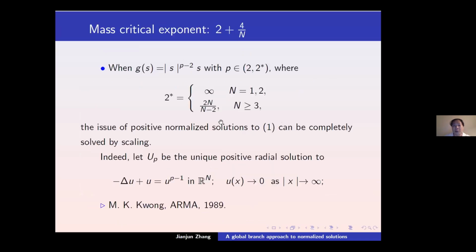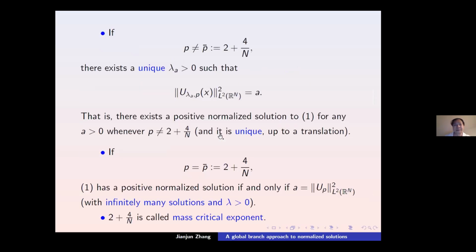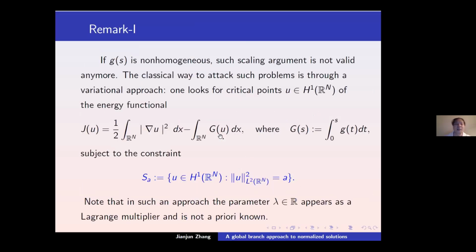For the problem 1, this nonlinearity is homogeneous, so we can use the scaling argument to construct the normalized solution of this problem. Okay. If we consider a non-homogeneous nonlinearity G of S, such a scaling argument is not valid anymore. So people use a variational argument to find normalized solutions.